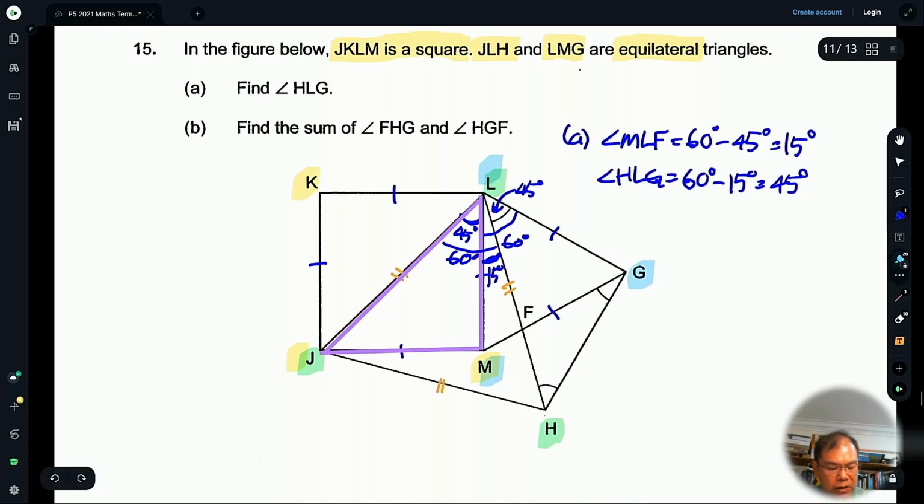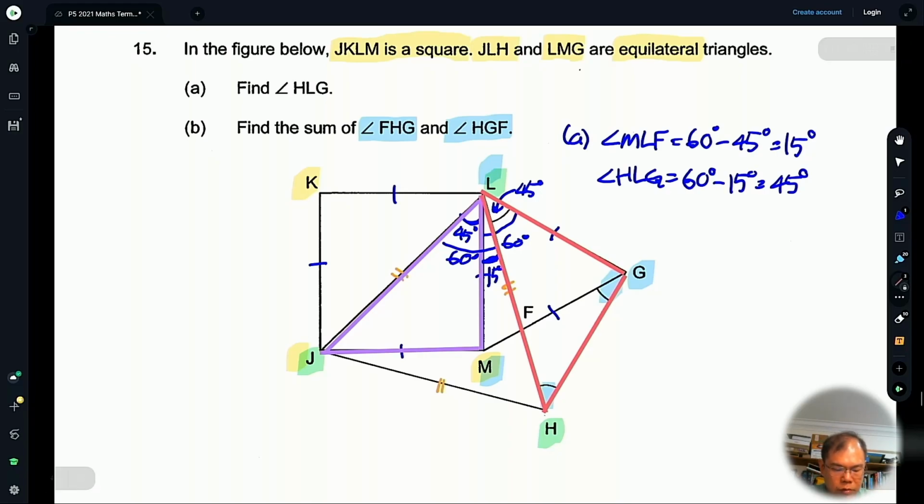Part B, find the sum of angles FHG and angle HGF. So FHG is this one and HGF is this one. How do I find the sum of these two angles? What I'm going to do is to make use of this triangle LHG to help me.